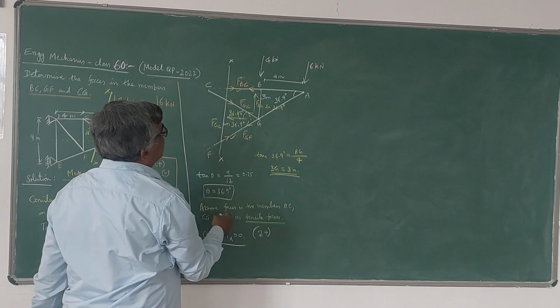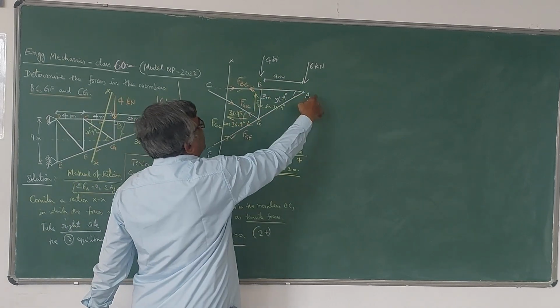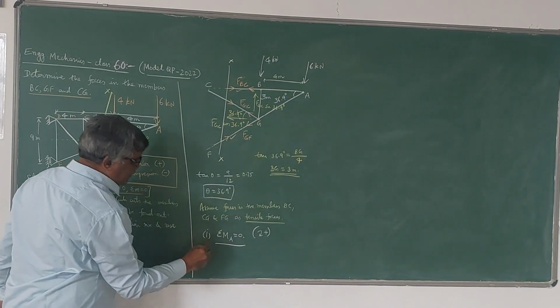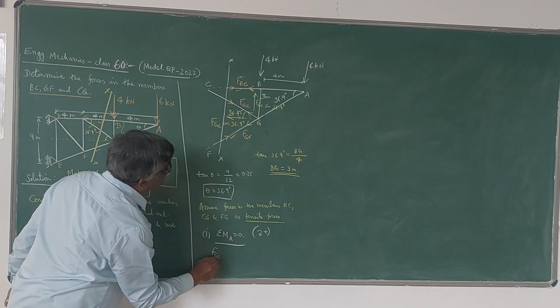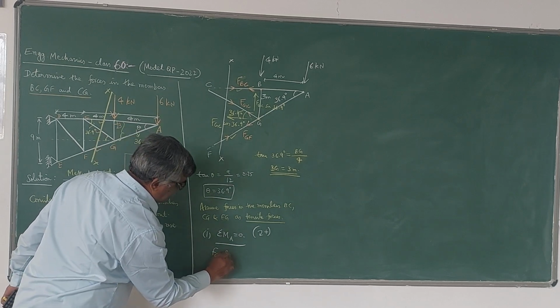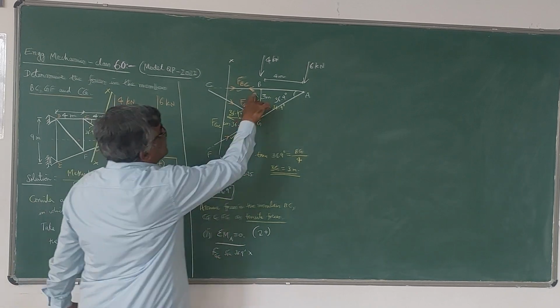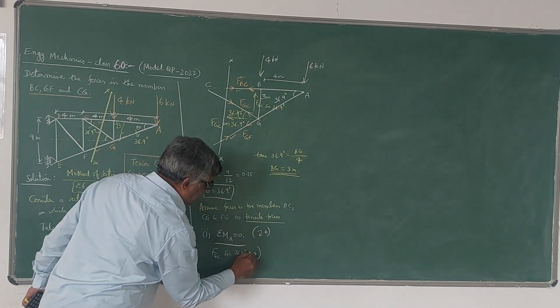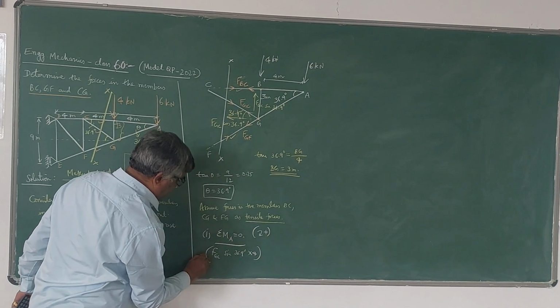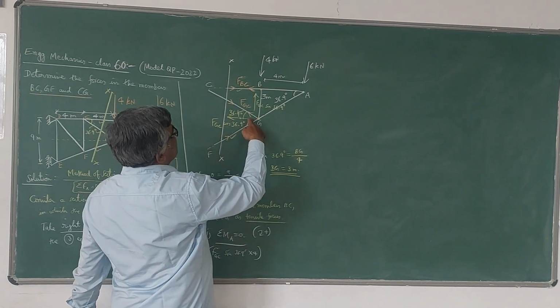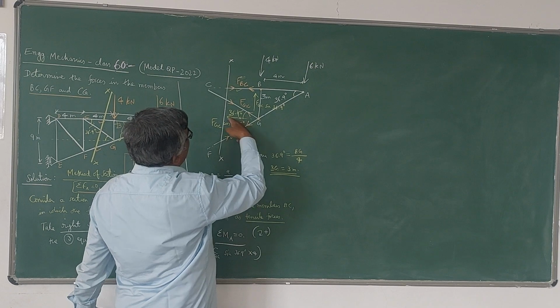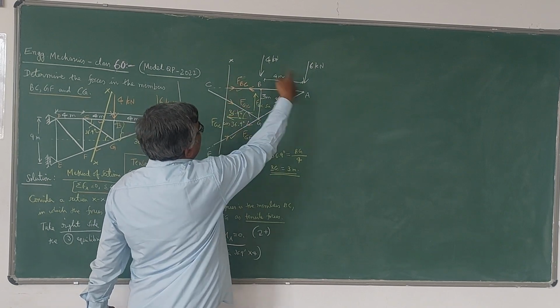So now the moment will be, this is giving a clockwise moment. So clockwise moment is positive, that I can write FGC sin 36.9 degree into distance is 4 meters. This is clockwise, therefore it is positive. And this force is also giving a clockwise moment.